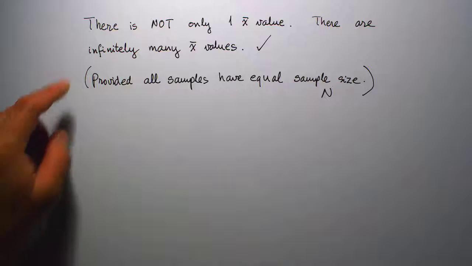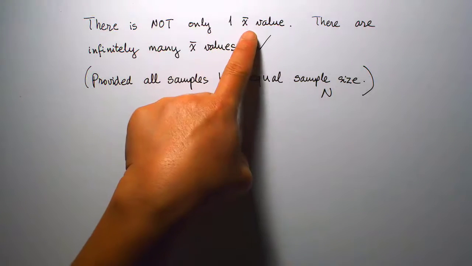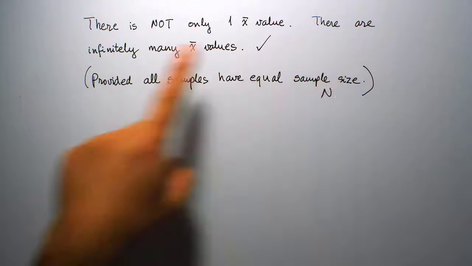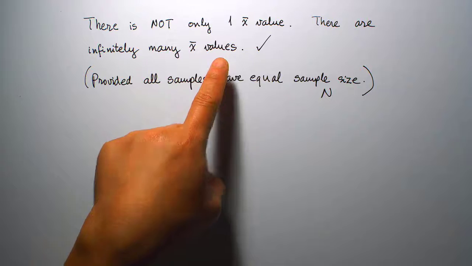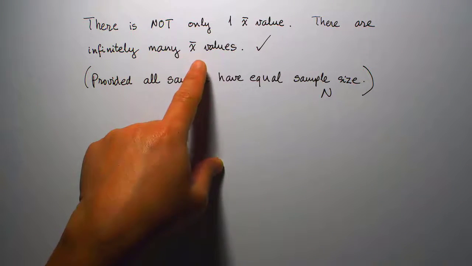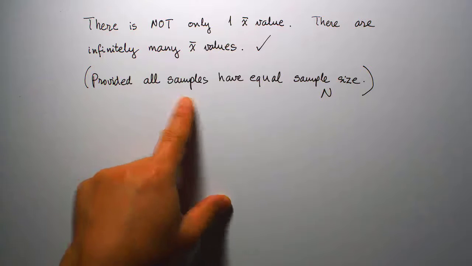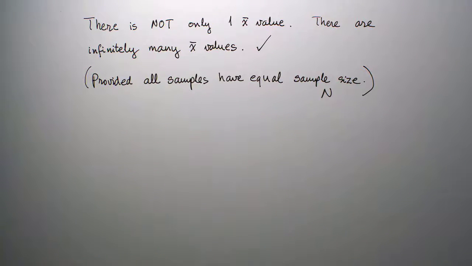Upon realizing that there are infinitely many x bar values, an entire population of x bar values, and provided that all samples have equal given sample size n, we're now ready for a formal definition of what it means to be a sampling distribution.